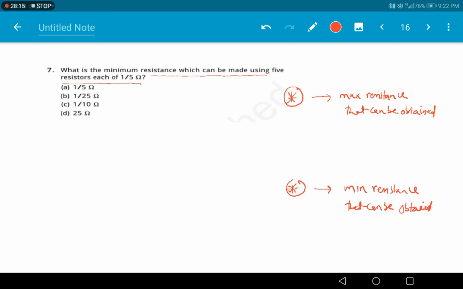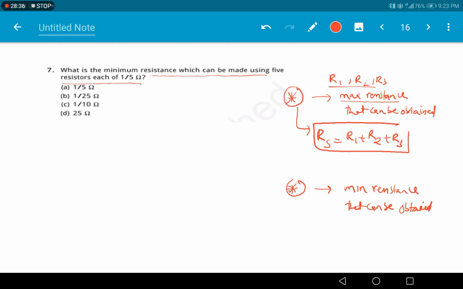So by giving R1, R2, R3, they are asking what is the maximum resistance. If they are asking to find maximum resistance, we are going to get it definitely in series combination. If they are asking maximum, compulsorily we have to join them in series combination. If they are asking minimum R, we should connect them in parallel.